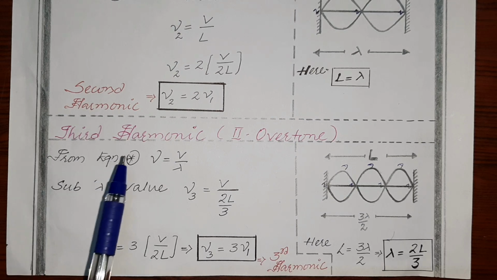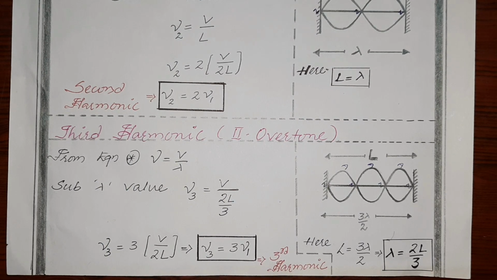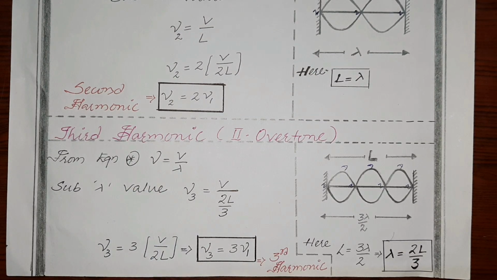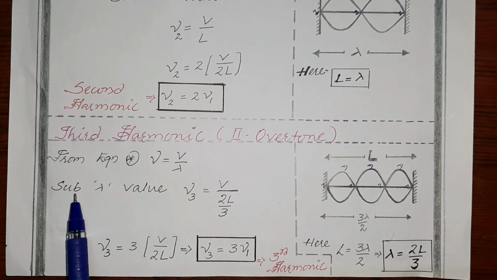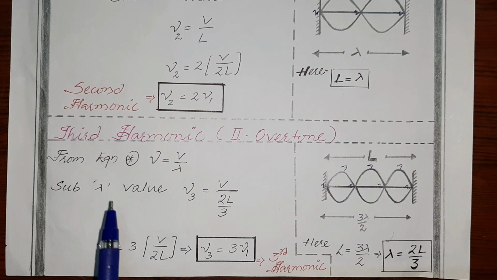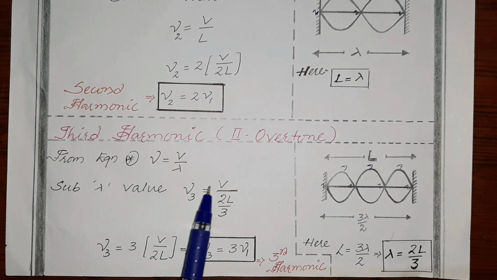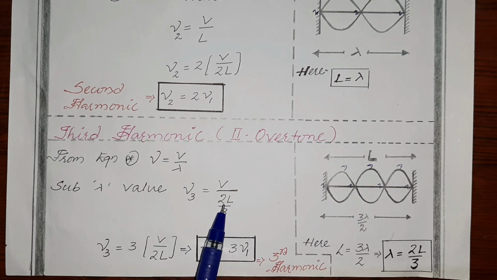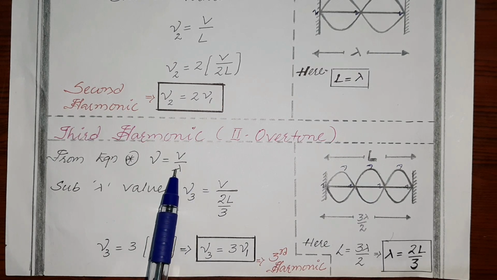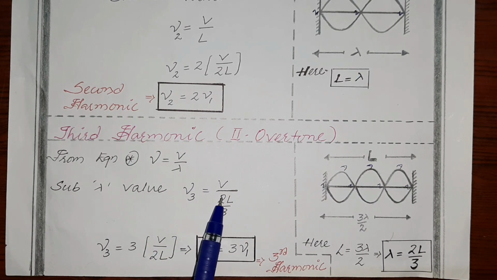Now from equation star, that is from our wave equation, we have nu is equals to V by lambda. Now we can substitute the value of lambda, that is nu 3 is equals to V by 2L by 3. This 2L by 3 is substituted from this equation in the place of lambda. So this 3 comes to the numerator. So nu 3 is equals to 3 times V by 2L.